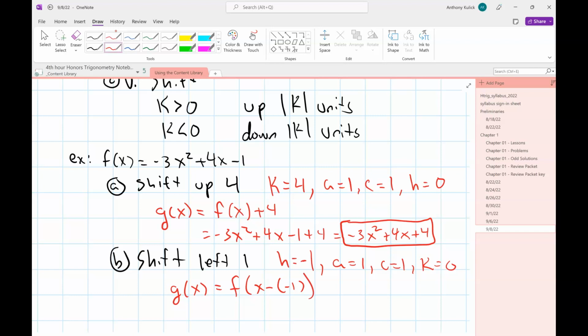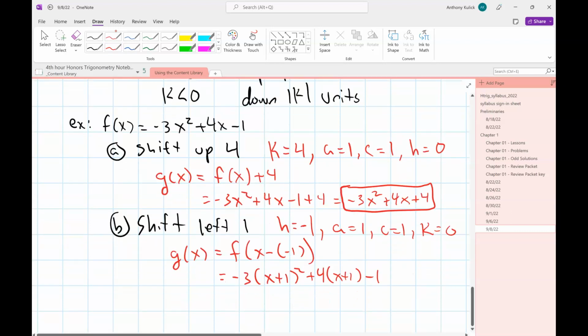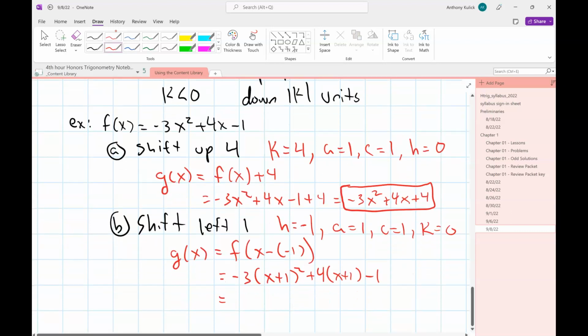Remember, what's minus a negative 1 the same as? Plus 1. So when I want to do x plus 1 squared, is that just x squared plus 1? No! What do I have to do? FOIL! Ah, Mr. Kulik, I'm just going to FOIL it in my head if you guys are okay with that.